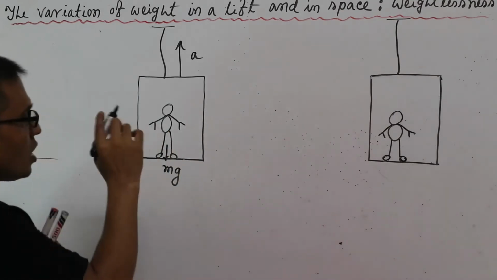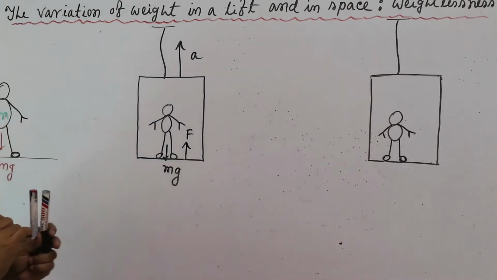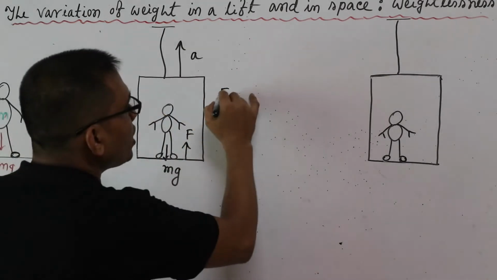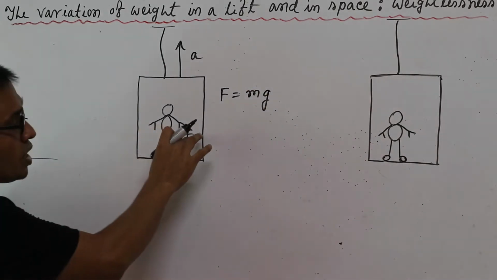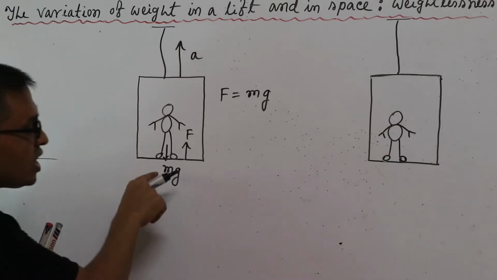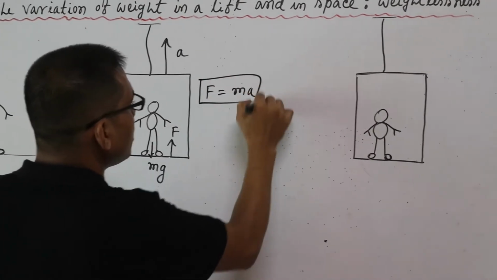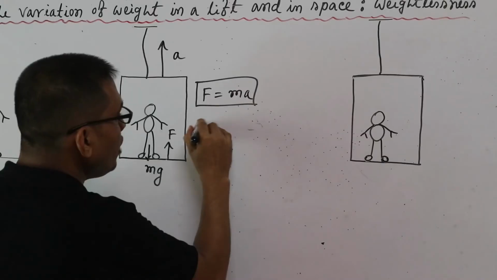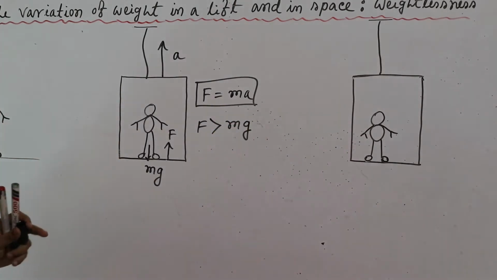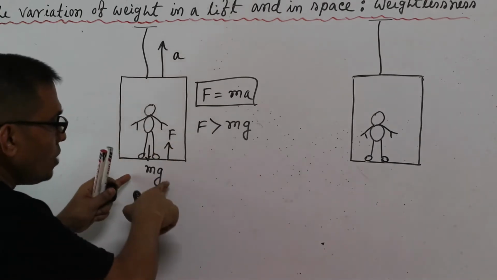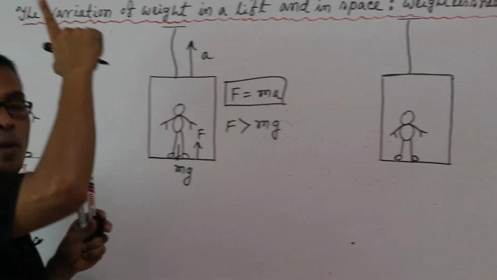Similarly, the lift will apply F force, and we know gravity force is mg, and here the force applied by the lift is greater than mg. Why is F greater than mg? If F is greater than mg, then the lift will go upward.